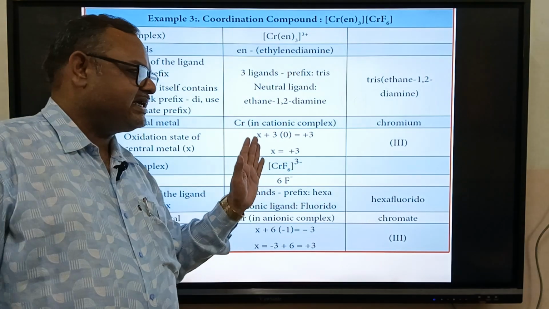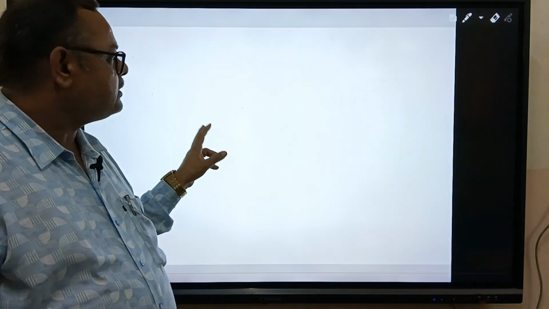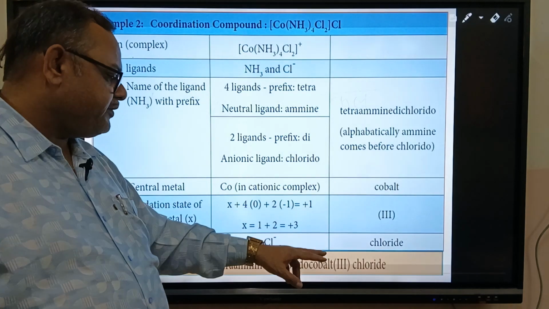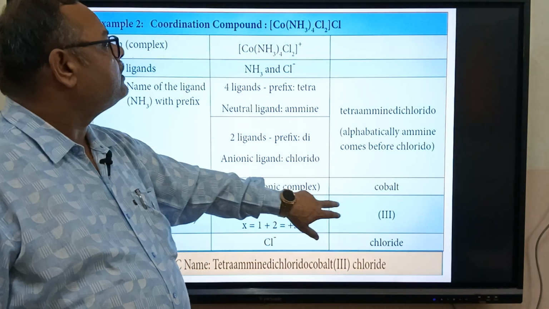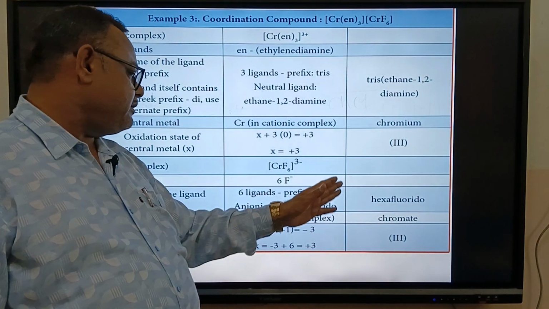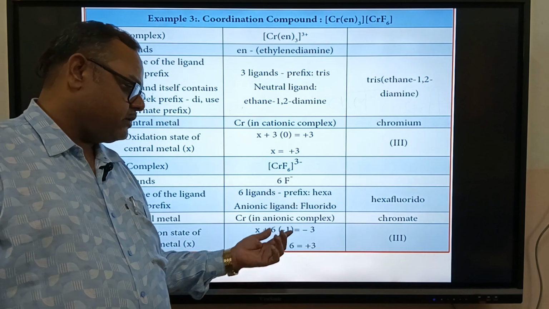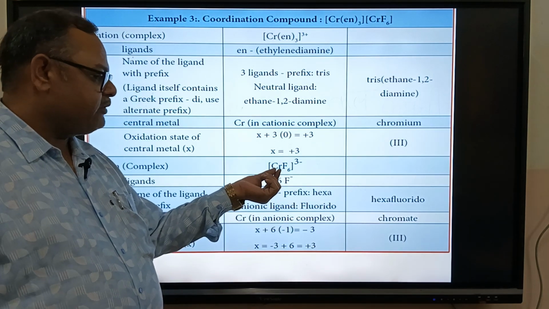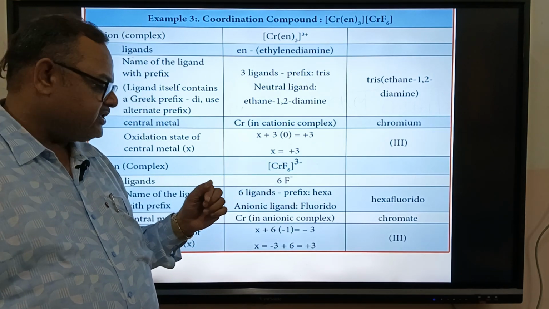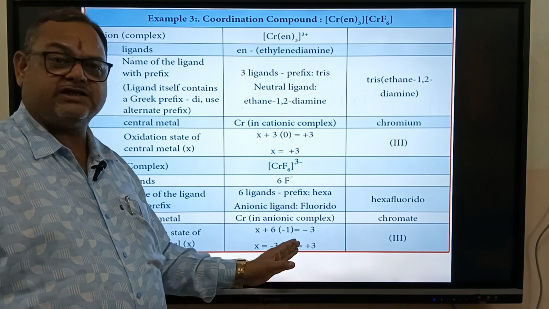But since this is an anionic complex, chromium will be written as chromate. And the oxidation state of chromium will be calculated using the oxidation state of fluorine as -1. On further calculating, it comes out as +3.